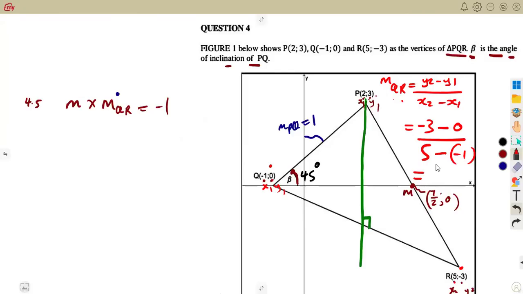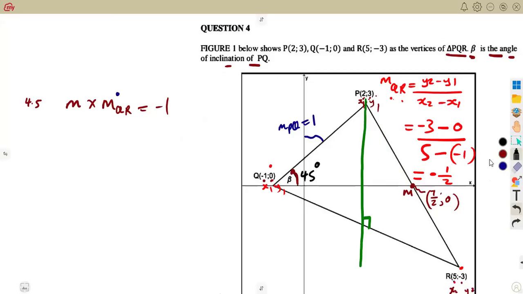It is already carrying a negative. So this will be -3 over 6, which is -1 over 2. So QR has a gradient of -half.